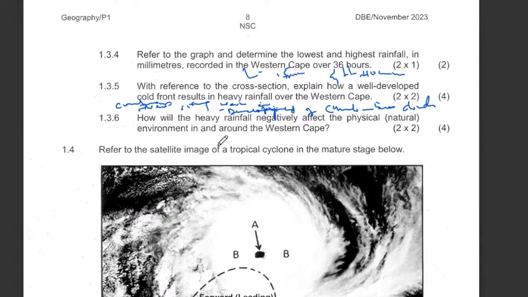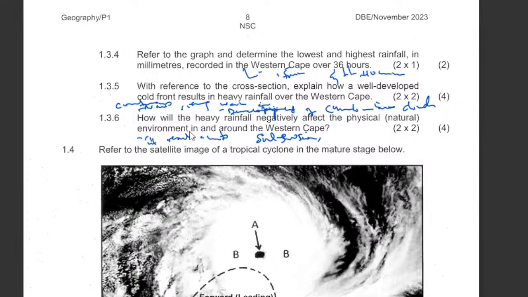How will the heavy rainfall negatively impact the natural environment? It will result in soil erosion, soil being taken away. Okay, that is number one.